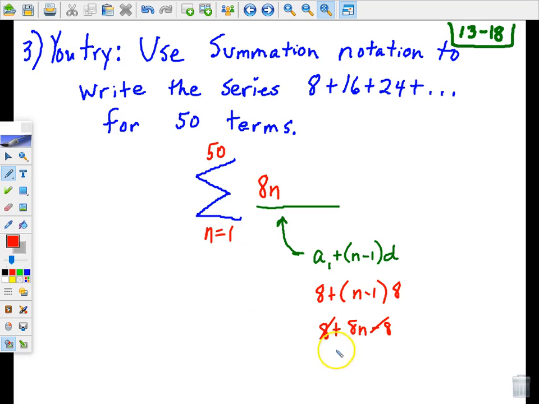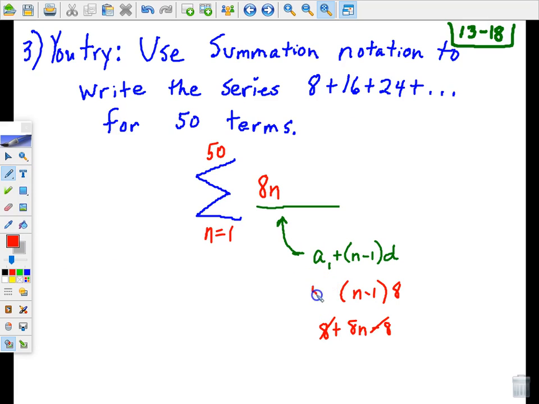Now, I don't want you to think that it always happens that these constants will cancel. Let me just give you a for instance. Let's just pretend for a second. I know it doesn't match up, so don't take what I'm doing here as going with this, but I just want to use this as a sample.